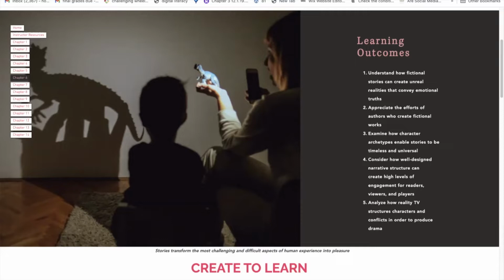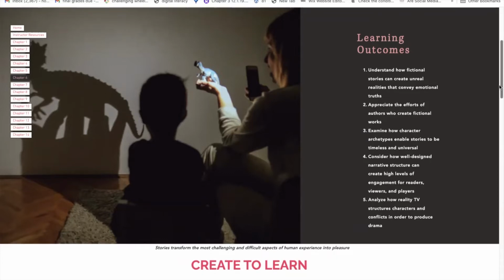And I also think it's important for students and learners to understand how well-designed narrative structure can create high levels of engagement for readers, viewers, and players. That when the plot and the narrative structure are strong, we get immersed into these worlds that propel our attention and hold it through the entire narrative thread.